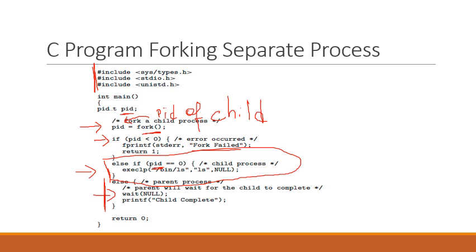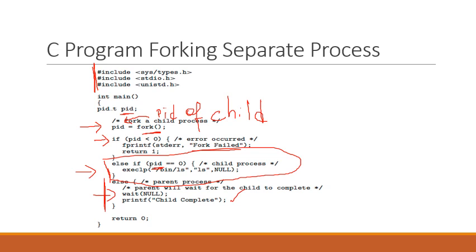That is, the parent is going to wait until the child has completed its execution, and after the child has completed its execution and returned by using the exit system call, then the parent continues its execution and is going to print child complete, and after this the program is terminated. The parent process will terminate as well.